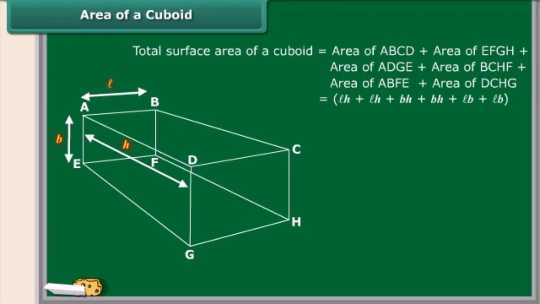Therefore, total surface area of a cuboid is equal to 2 into (LB plus BH plus HL).